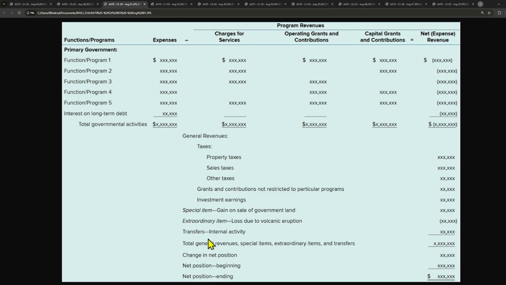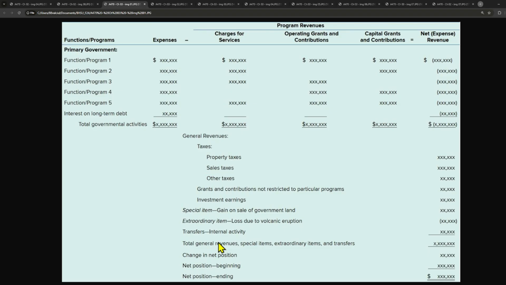We'll see. The last part is transfers. Whenever we're talking about a transfer, you have to also remember that a transfer that goes under the general revenues area means that there is no exchange or no reciprocal service. In other words, if some other part of the government transfers in funds, they're not expecting a service in return.